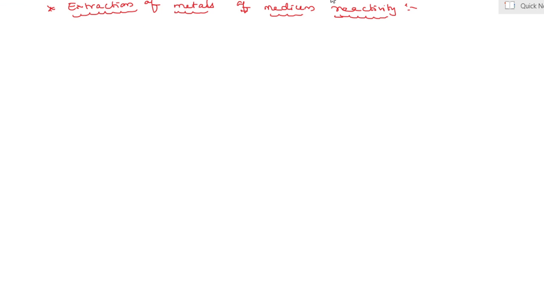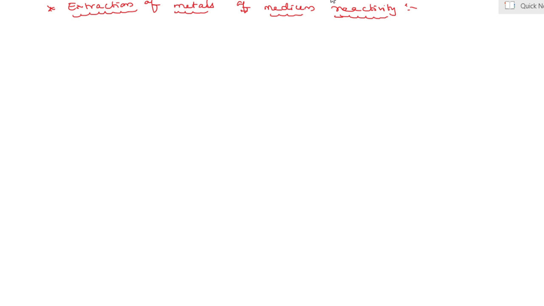The metals in the middle of the reactivity series such as iron, zinc, lead, copper etc. are moderately reactive. These metals are usually present as sulfides and carbonates in nature. Yes, my dear students, the elements in the middle of the reactivity series are termed as what? Moderately reactive. These metals are usually present in the form of sulfides as well as carbonates.